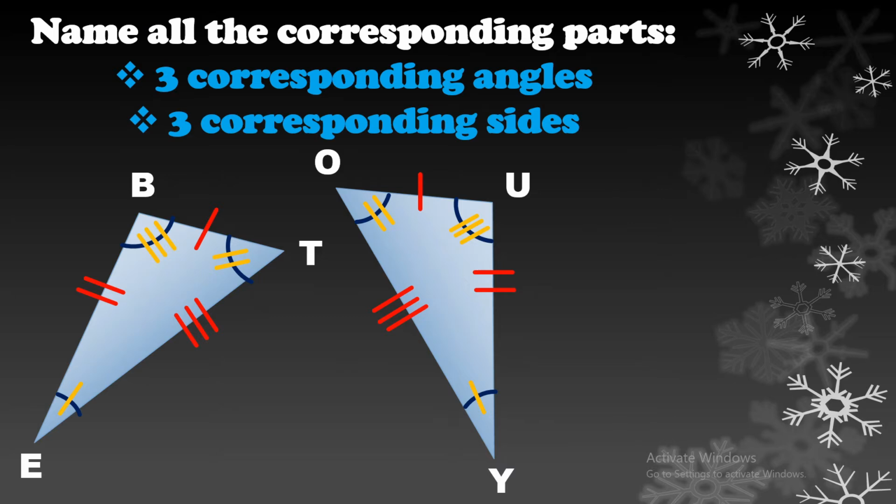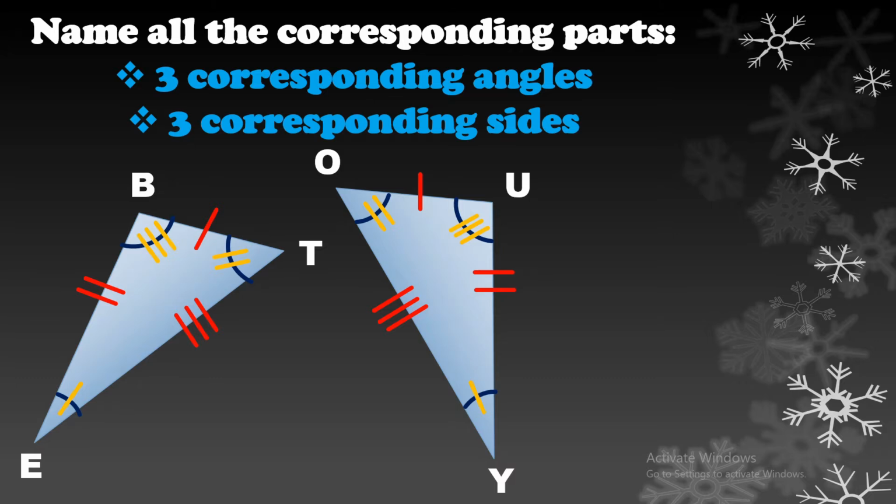Let us have an example. We have here two triangles, triangle BET and triangle YOU. So to prove that these two triangles are congruent, there must be 6 pairs of corresponding parts. Now let us identify the 3 corresponding angles.